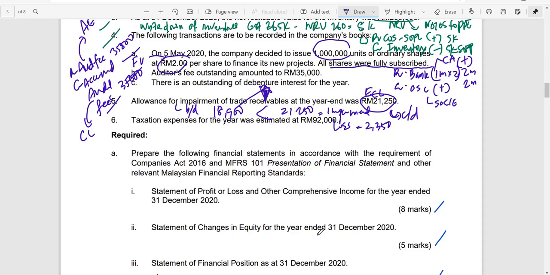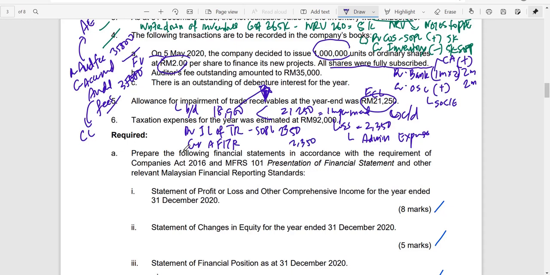At the end it becomes higher, so this will be included under your admin expenses. So in terms of journal entry, debit the impairment loss of trade receivable in your SOPL, and this will be credited to the allowance for impairment loss. The difference of how much? The difference of 2,350, and that will be shown as an impairment loss, which will be under the admin expense.